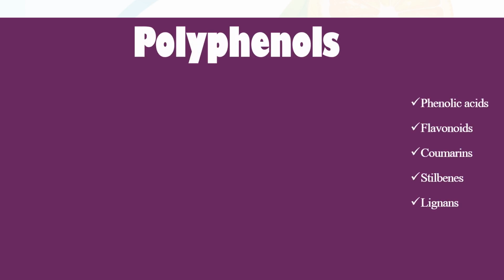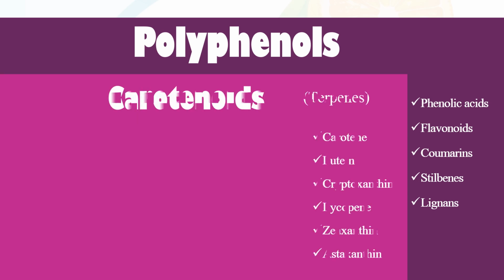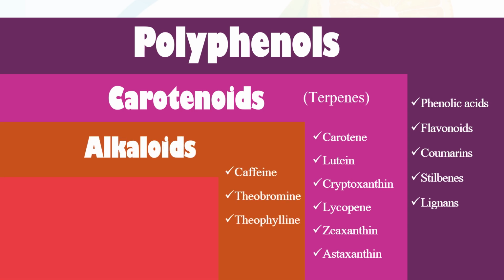Polyphenols are phenolic acids, flavonoids, and lignans, and carotenoids are separate. You can go through it and get good knowledge from it. In alkaloids, theobromine is present in cocoa seeds, and caffeine in tea or coffee. These are the sources of these particular nutraceuticals.